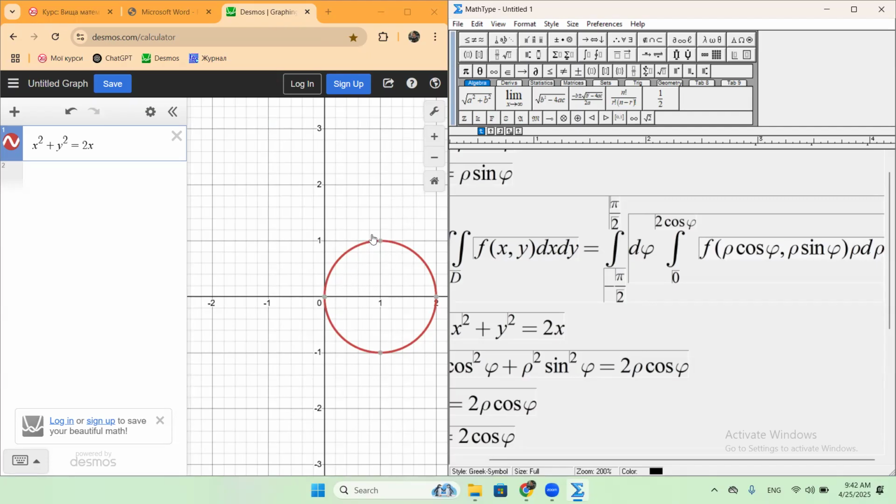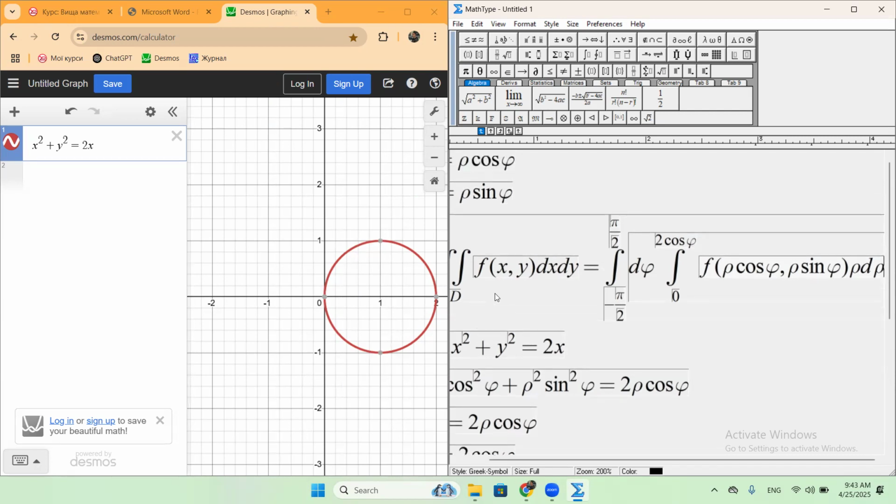The first quarter corresponds to values of phi from 0 to pi over 2, and if we go here, from minus pi over 2 to 0. So that's why such limits of integration. Have I answered your question? Yes, thank you.